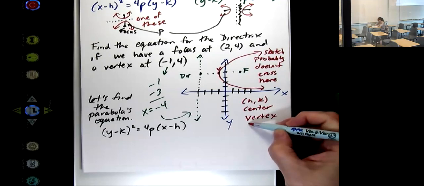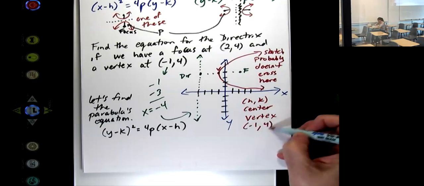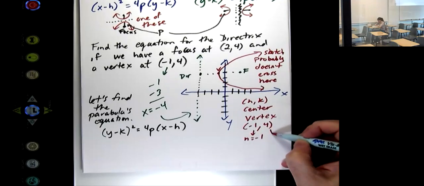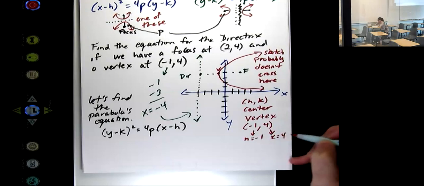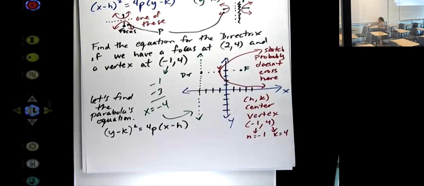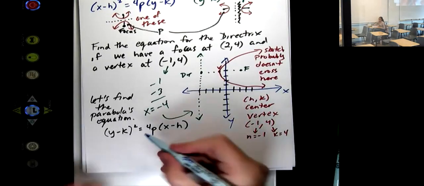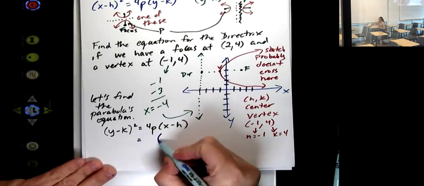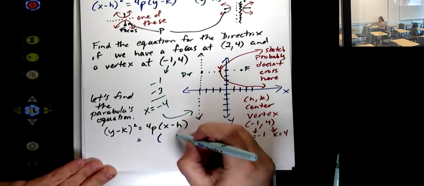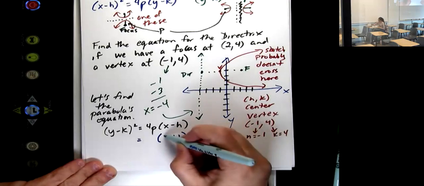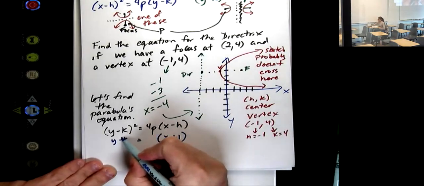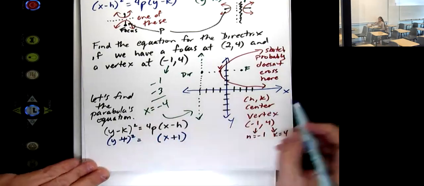So a vertex of (-1, 4) tells me that h equals -1 and k equals 4. Which means I have minus h is +1 there, and k is 4, y minus 4 squared there.